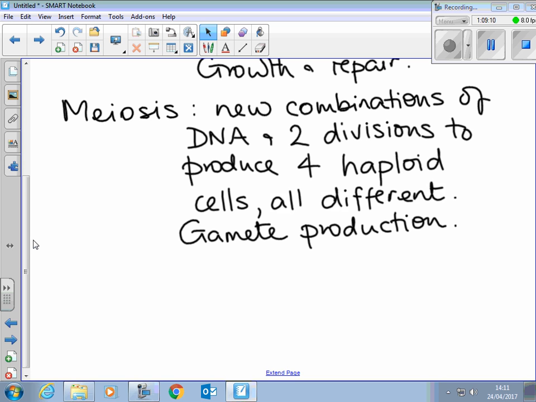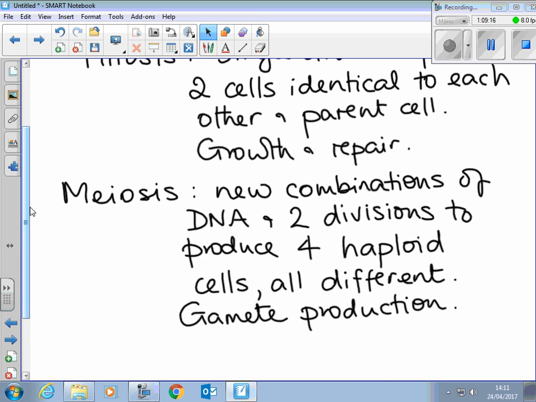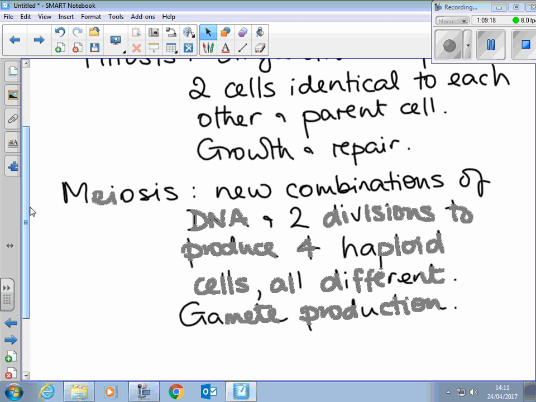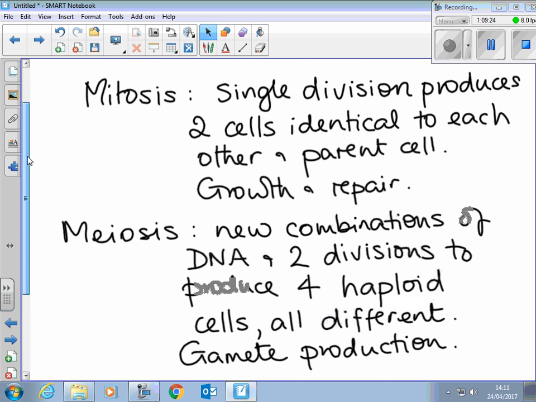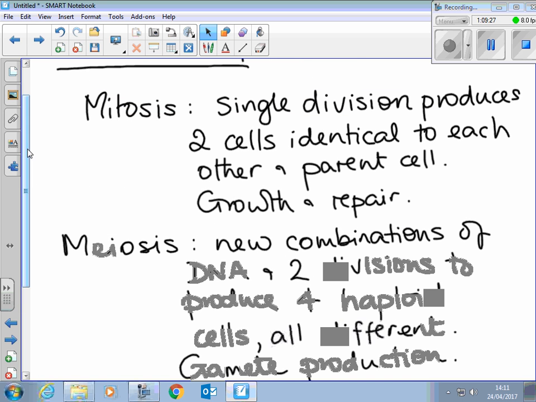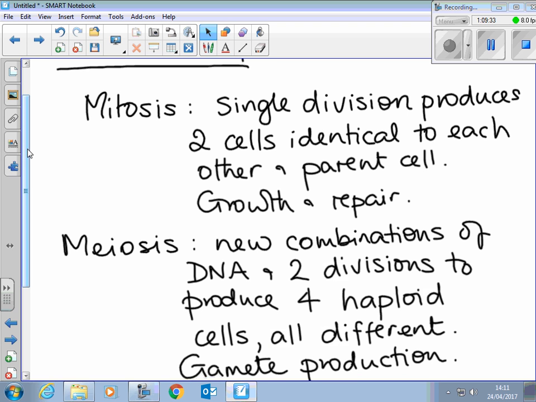And that would work. But it's the way this has evolved. And the production of these haploid cells has been a sort of evolutionary development, really. Mitosis would be the first sort of division that would happen, and then somewhere along the way you'd almost get a little hiccup, and it would divide again.